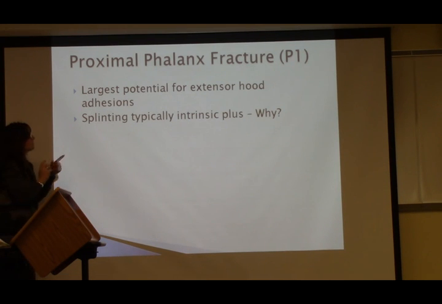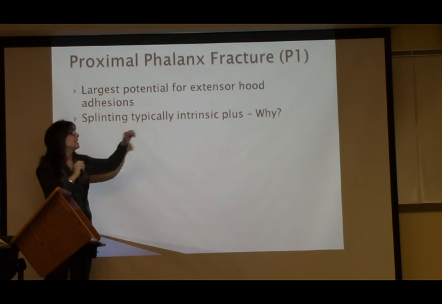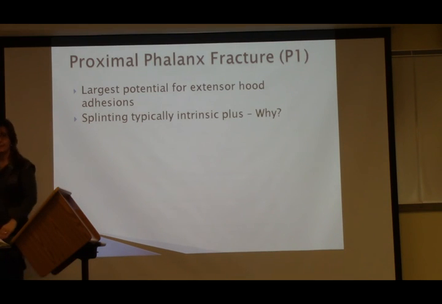Okay? Usually you splint in the intrinsic plus position, and that is because the sagittal bands help to stabilize the fracture. For P1 fractures and for metacarpal fractures, we splint in an intrinsic plus position.